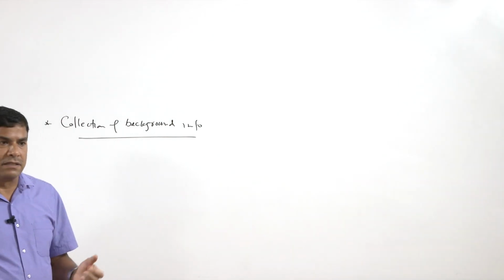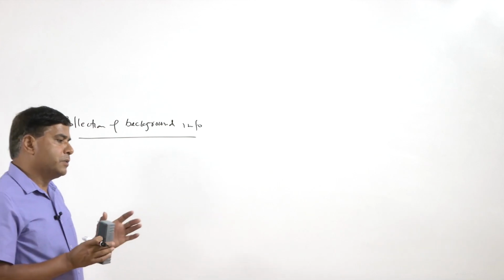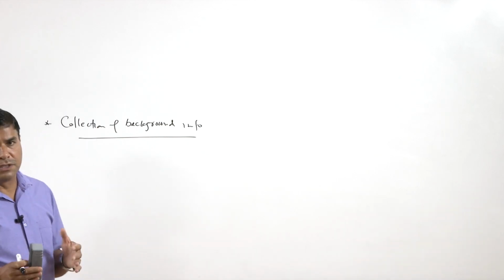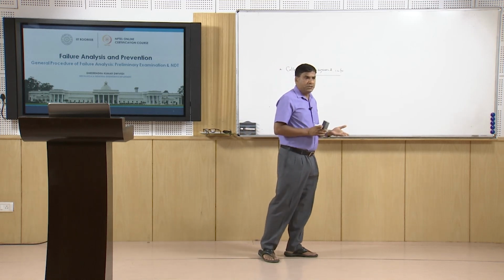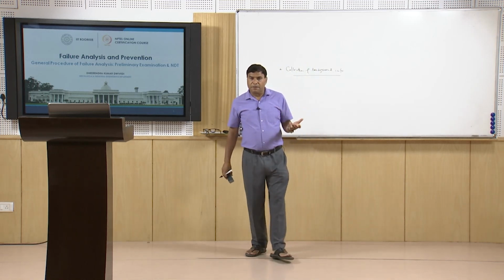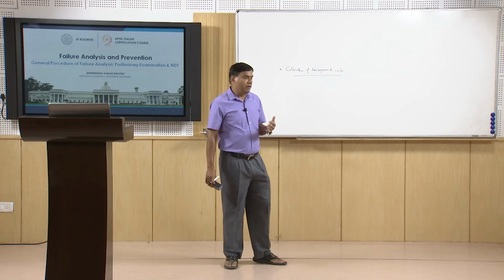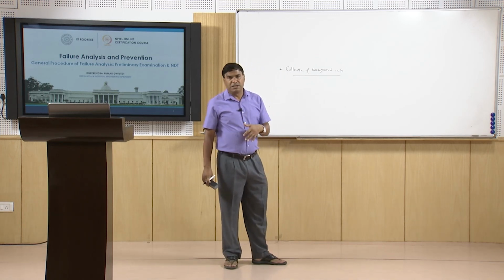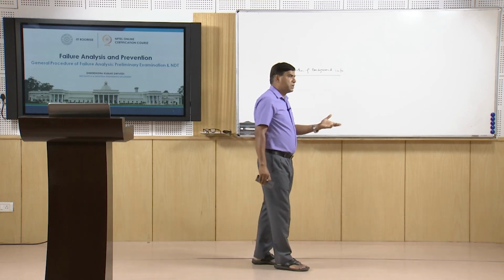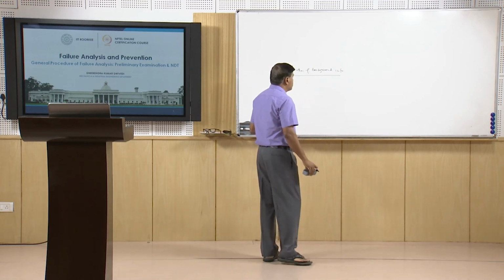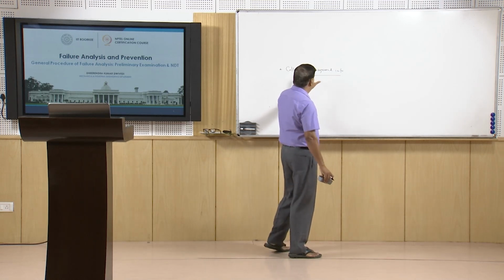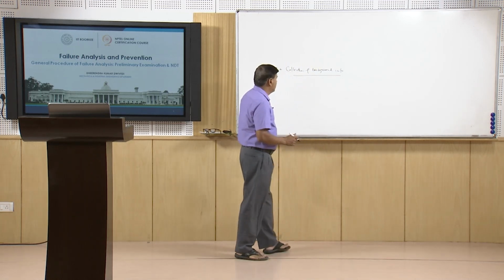Under the wreckage analysis, it also helps to identify the possibilities of abnormal service conditions like recent repair or recent overhaul or some abnormal load or accidental load possibilities or change of the service conditions. So, all that information about the failed component is collected under the first point, that is the collection of the background information.